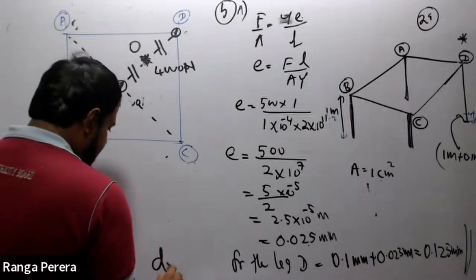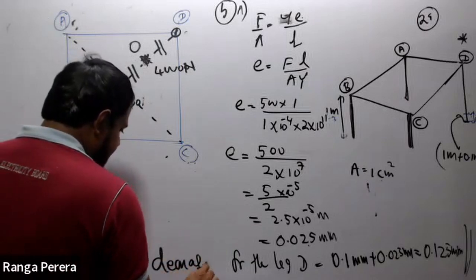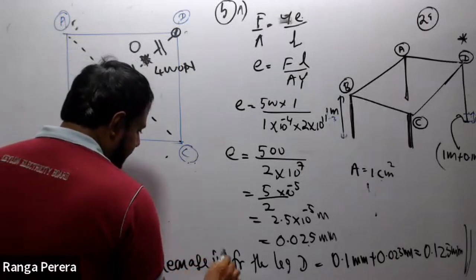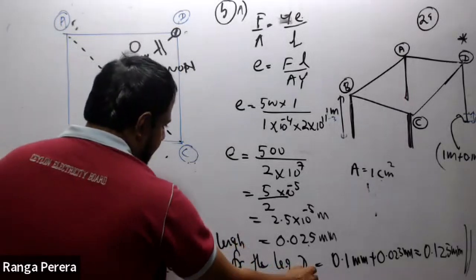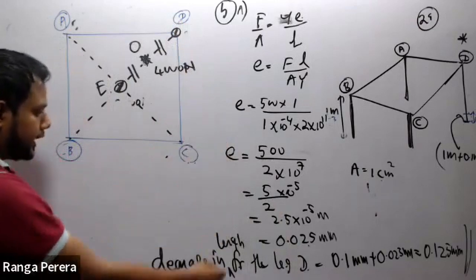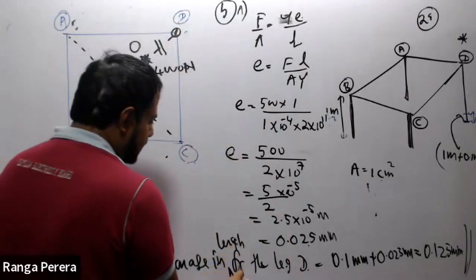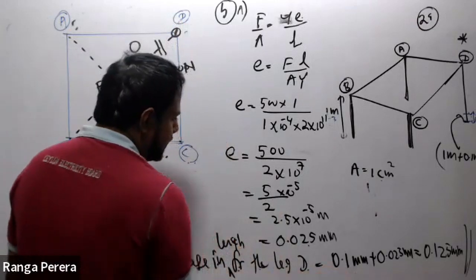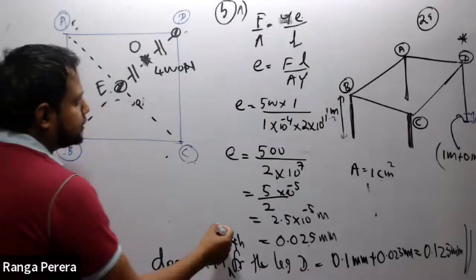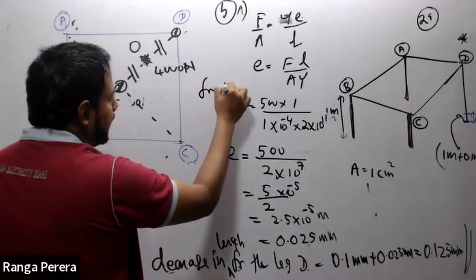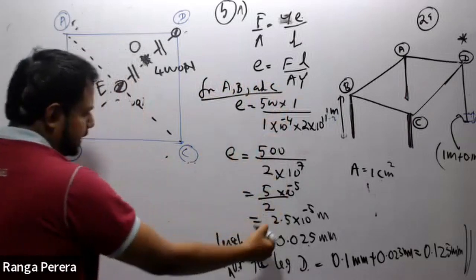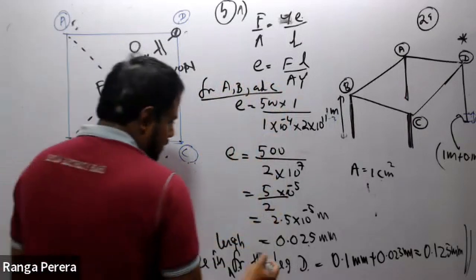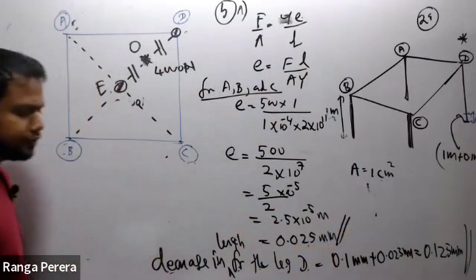Decrease in length for the leg D, which is selected as the longer leg, equals that value. This is for A, B, and C: 0.025 millimeter.